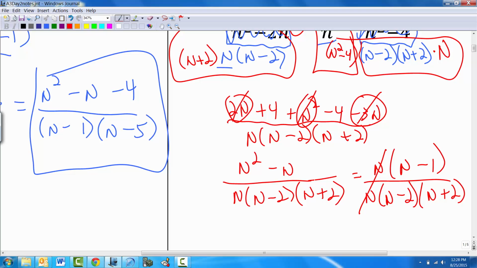Shouldn't be an issue. Okay, so the final answer, I'm going to be lazy. I'll draw my circle right around there, getting rid of those canceled out factors. Believe it or not, it's the same thing as when you have 4 over 8 as a final answer. It's not a final answer. 4 over 8, the 4's cancel in both the 4 and the 8 to become 1 over 2. So that's what's happening there.